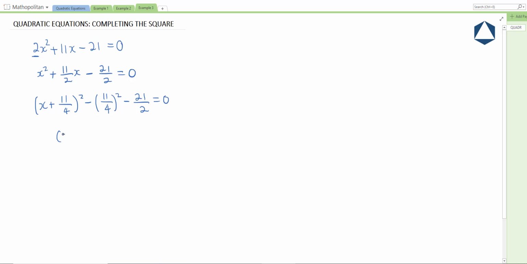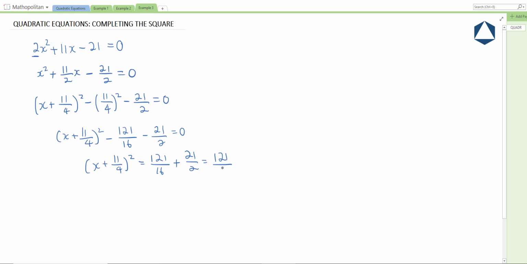So x plus 11 over 4 to the power of 2, and then 11 squared will be 121, 4 squared will be 16, and this will be 21 over 2. So again, we will bring these two constants to the right hand side, so we have x plus 11 over 4 to the power of 2 equals 121 over 16 plus 21 over 2.